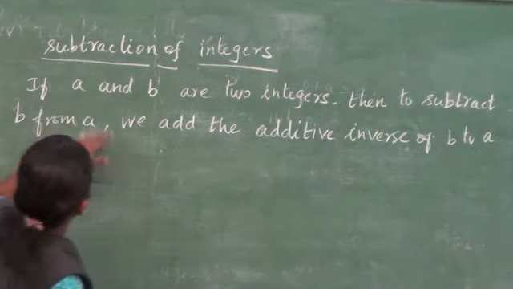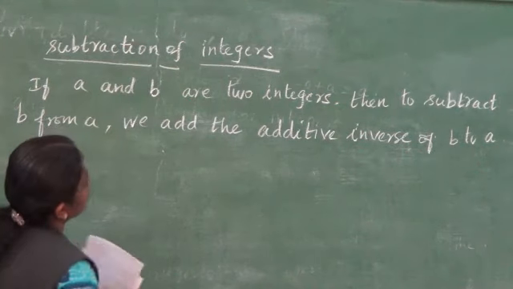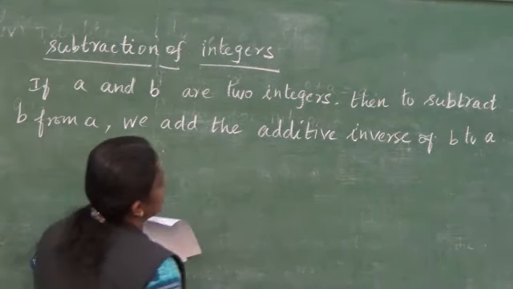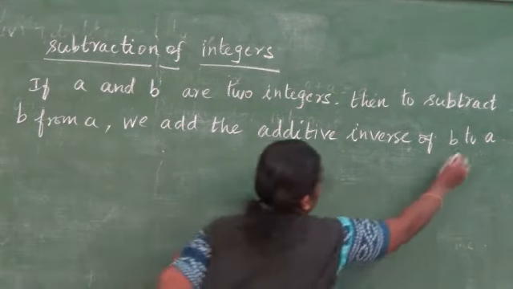If a and b are two integers, then to subtract b from a, we add the additive inverse of b to a.